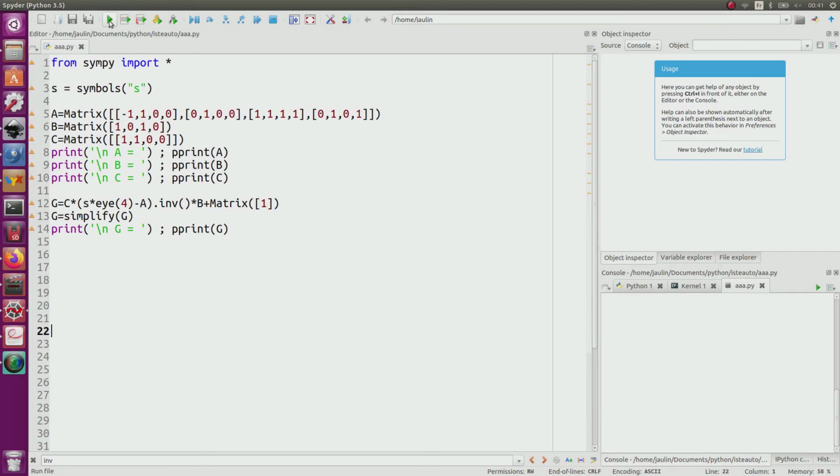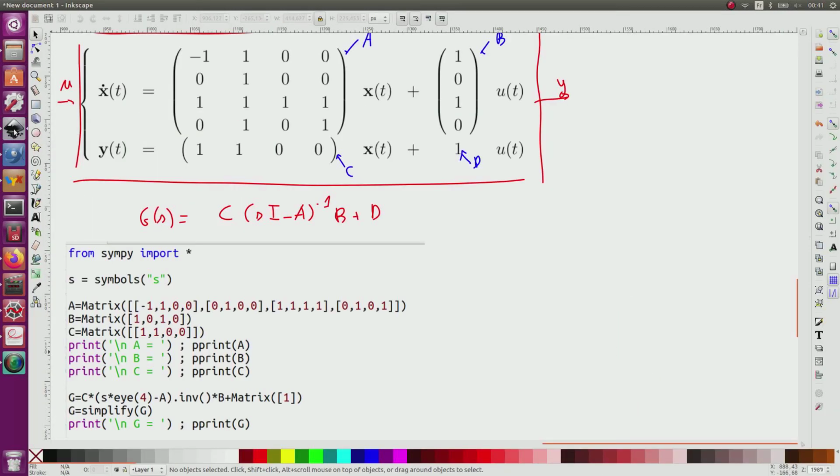This is the program. I run it, and I can see here my matrices A, B, C, and the transfer function is equal to (s plus 2) divided by (s plus 1).